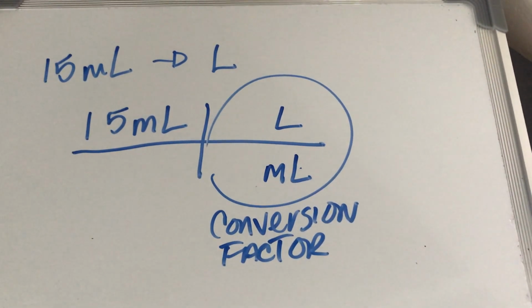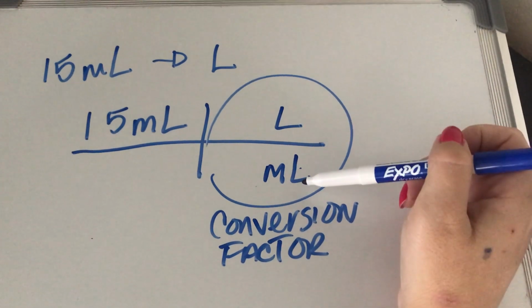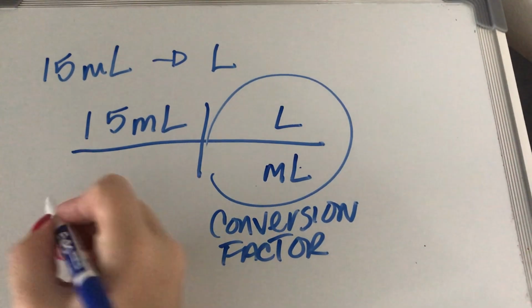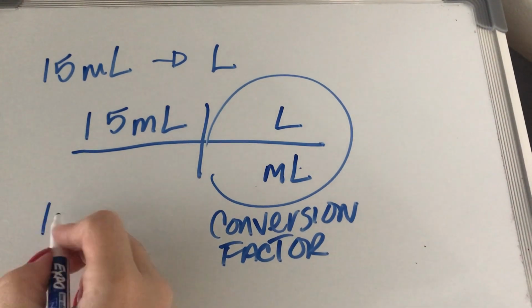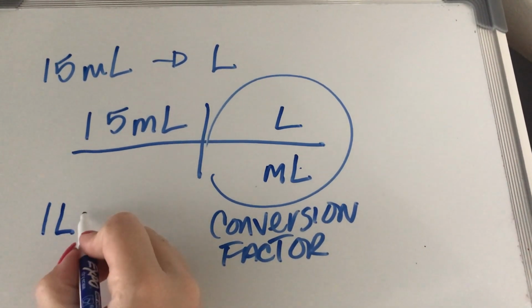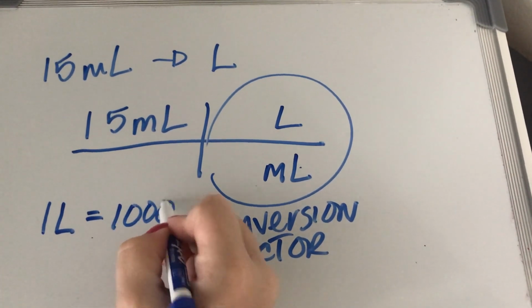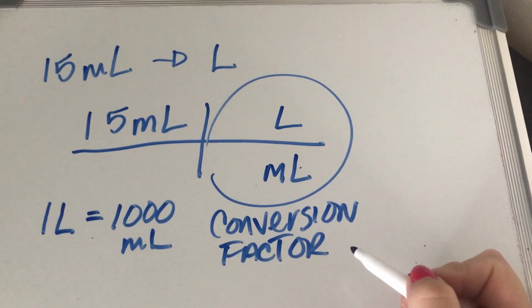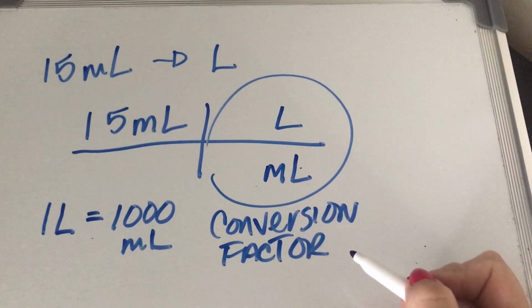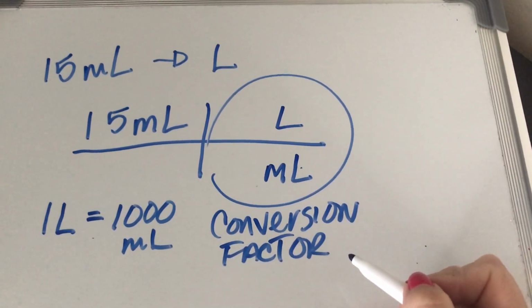So, what is the conversion factor that takes us from liters to milliliters or vice versa? It's 1 to 1,000, right? Yep, so for every 1 liter, we have 1,000 milliliters. Okay? And again, you may not know that off the top of your head now, but you're going to have it memorized soon. Cool?